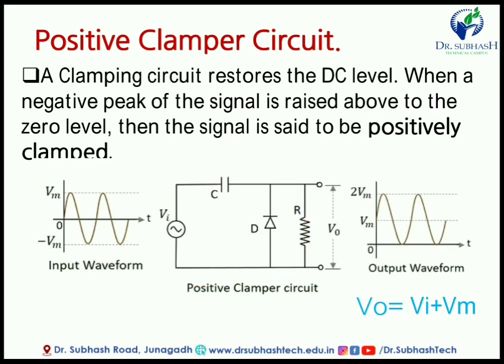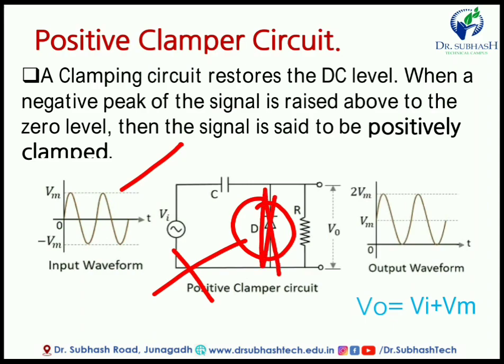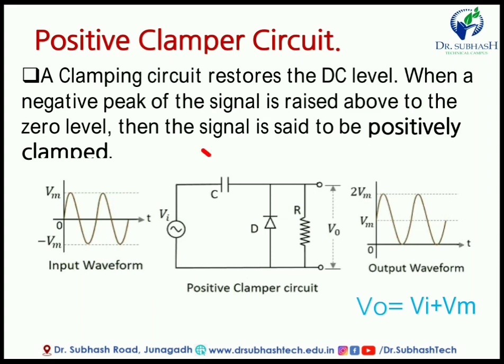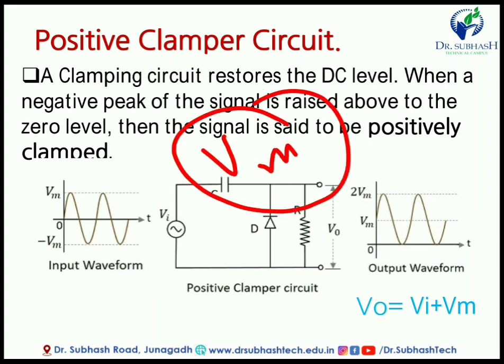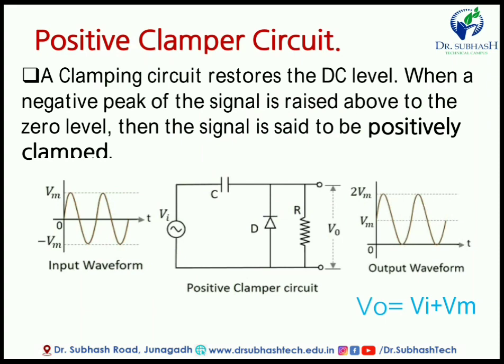Now in the negative cycle, this terminal becomes positive and this terminal becomes negative, so the diode is in forward bias and conducting. So the Vm previously charged in this capacitor and this other Vm become 2Vm in total, and the DC level is shifted over here.